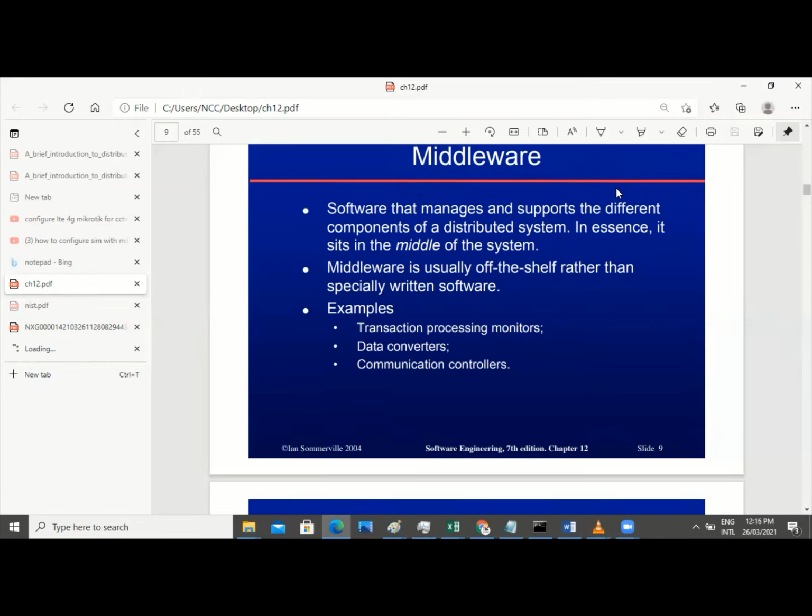You can also refer to a radio server. All these are examples of middleware that vendors normally use to provide a distributed system. We also have data converters and communication controllers.